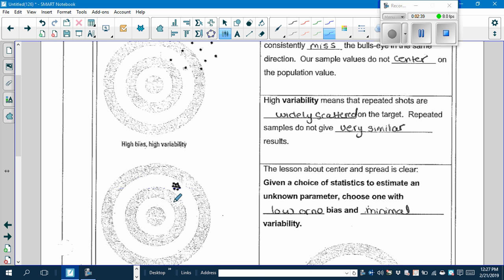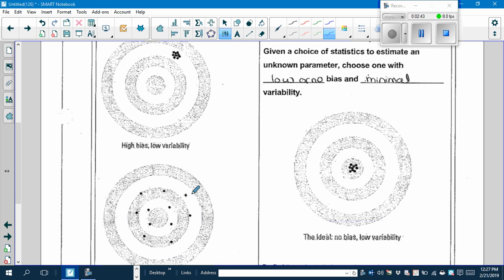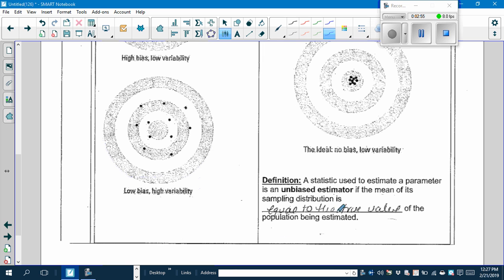Understand that we want to minimize bias and variability. We can minimize bias by making sure we choose our sample correctly. The best way to minimize variability is by having a larger sample size. Then understand what an unbiased estimator is. If it's an unbiased estimator, it is equal to the true value of the population parameter being estimated.